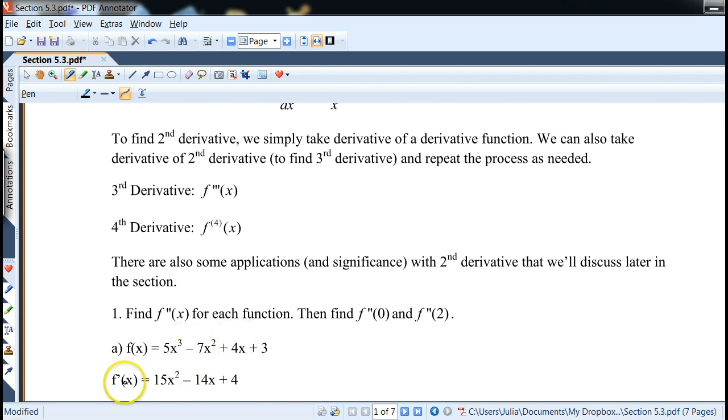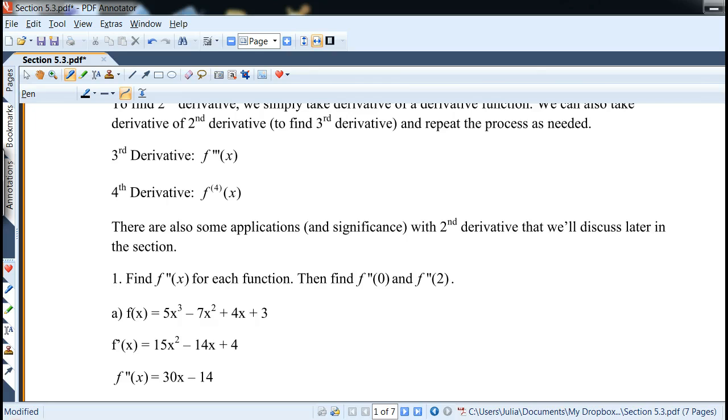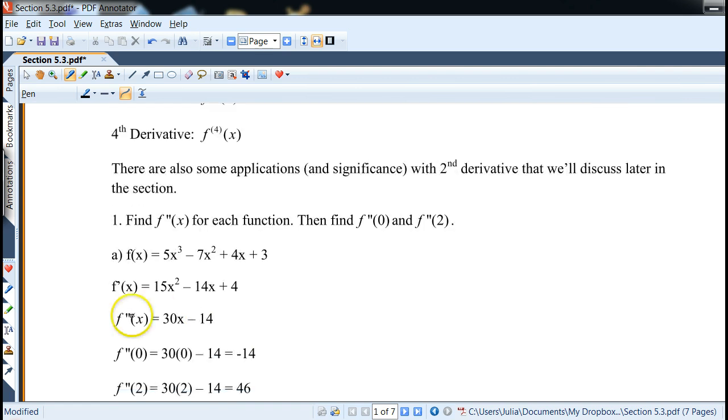Well, let's first find the first derivative, which is 15x squared minus 14x plus 4. Then we must take the derivative of that. So the second derivative would be 30x minus 14. And now that we're done, we can simply plug in 0 and 2 to find the answers. So 0 would give us negative 14, and 2 would give us 60 minus 14, which is 46.